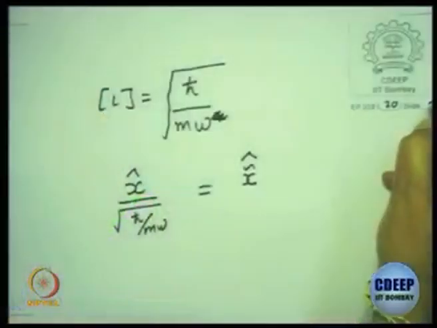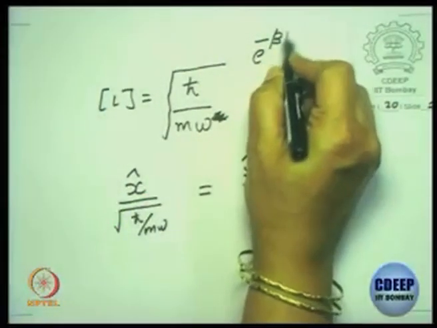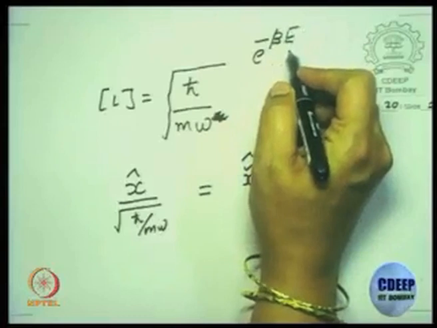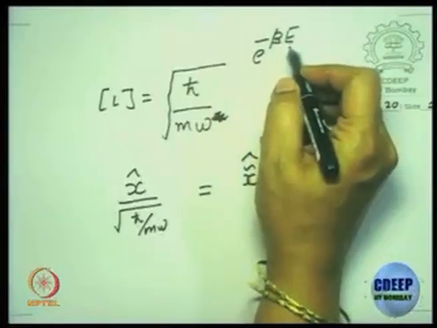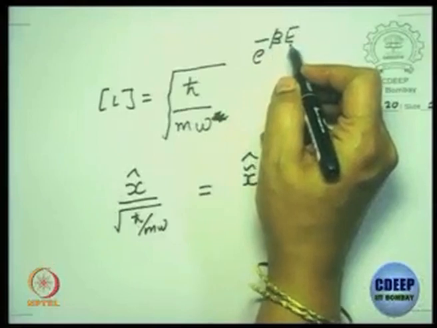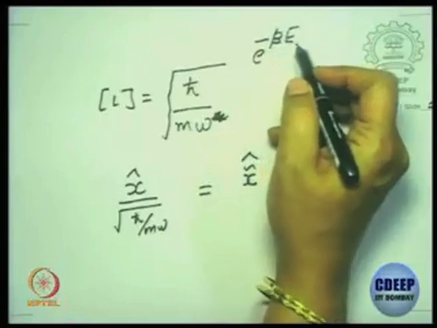If you see your Boltzmann distribution, you write e to the minus beta E, right? Beta should have dimensions of inverse energy, so that the exponential becomes dimensionless.